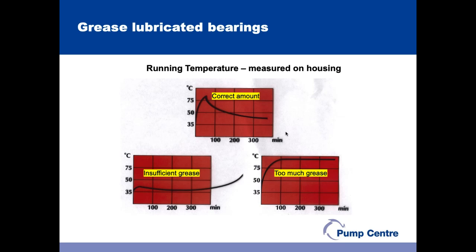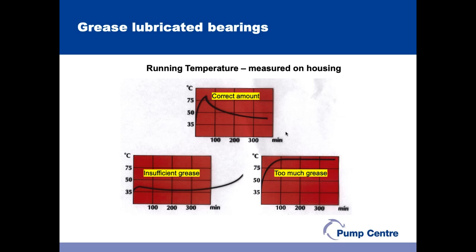temperature of the bearing increases, and then at about 50 minutes in this case, the temperature starts to reduce until it gets back down to its correct running temperature. If you look at the graph at bottom left, that shows what happens if you have insufficient grease. In that case, the bearing won't run hot, but because of a lack of lubrication, there'll be increased friction.